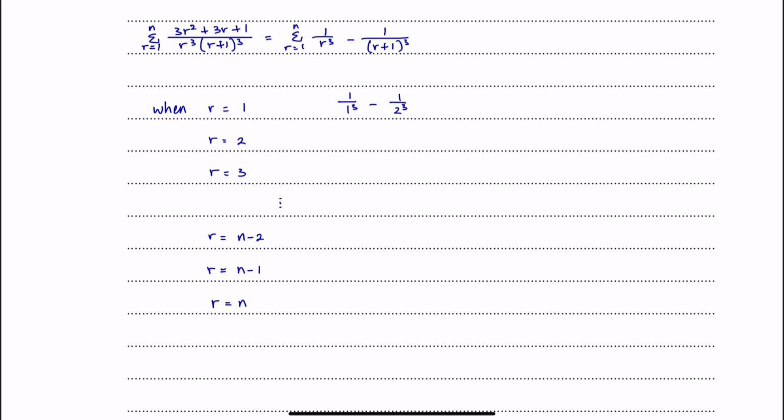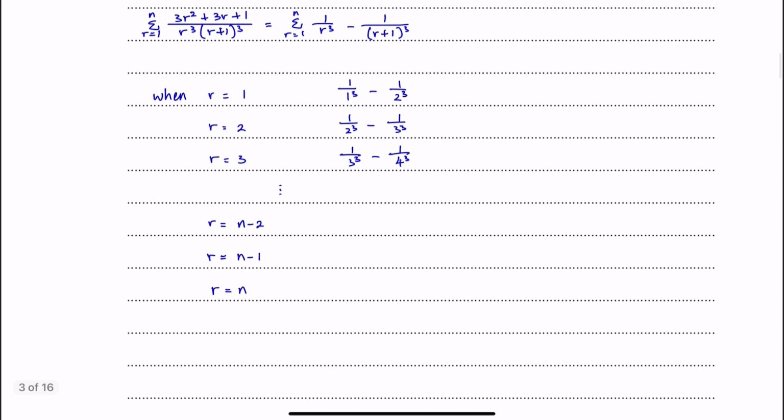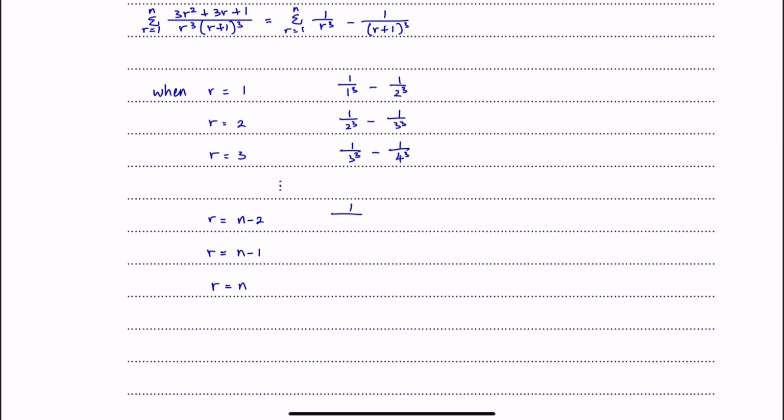So when r equals 2, we get 1 over 2 cubed minus 1 over 3 cubed. When r equals 3, we get 1 over 3 cubed minus 1 over 4 cubed. When r is n minus 2, we get 1 over n minus 2 cubed minus 1 over n minus 1 cubed.